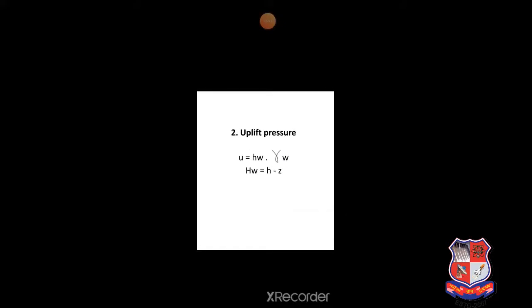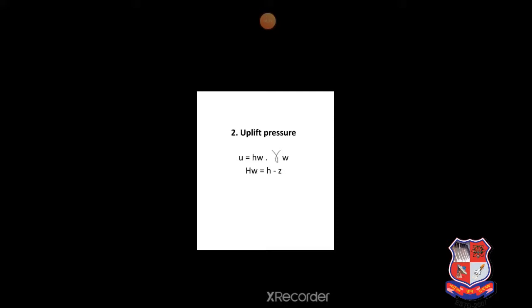Number 2, uplift pressure. We can find out uplift pressure using this equation. U is equal to HW into rho W, where U is uplift pressure, HW is piezometric head, that is H minus Z, where H is hydraulic potential at any point under consideration, and Z is position head at that point above datum.